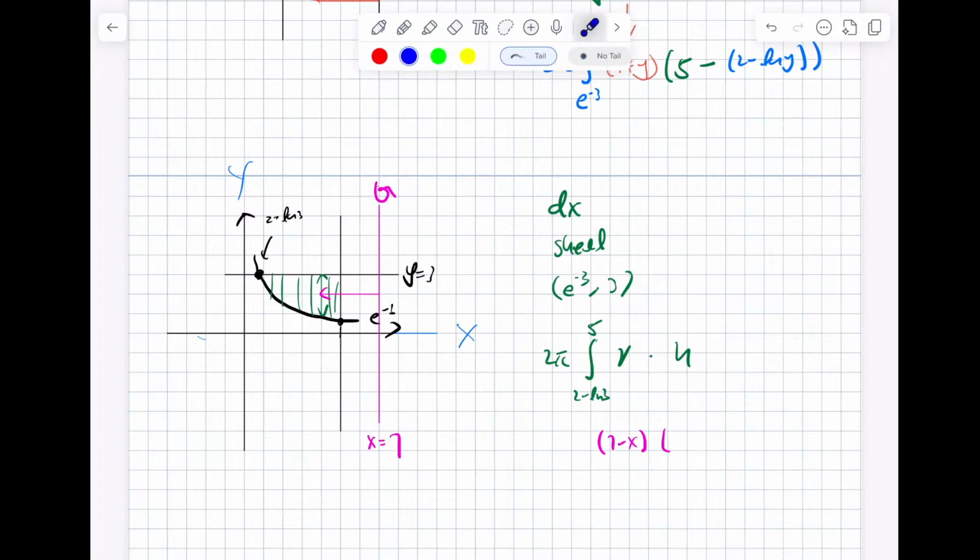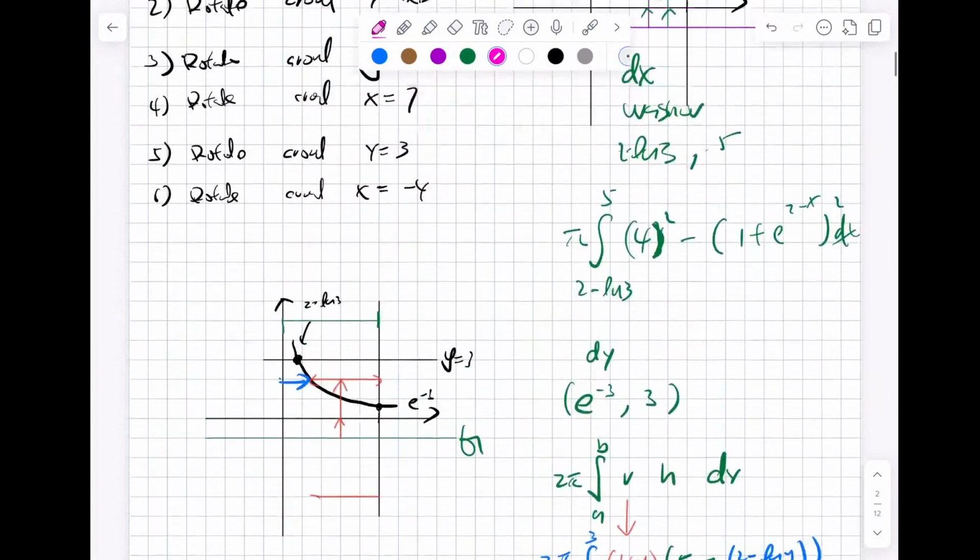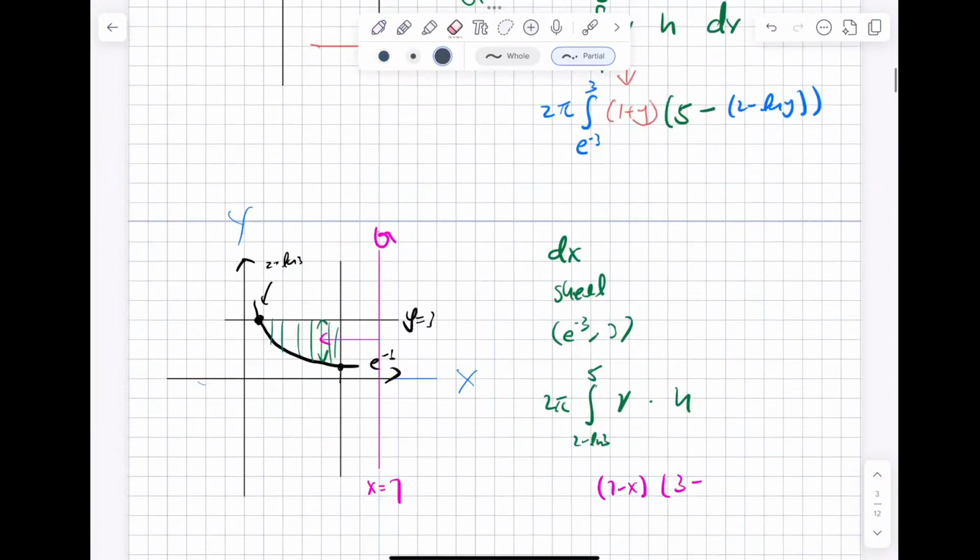What is this distance here? It would be 3 minus a function. Good. 3 minus a function is what? e to the 2 minus x, because that's a function here, right? So you take the whole thing, which is the 3, and take away the function.